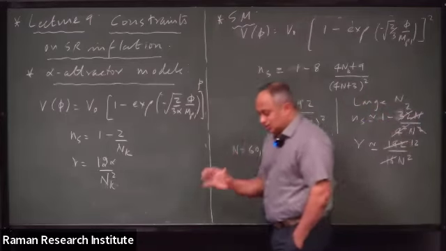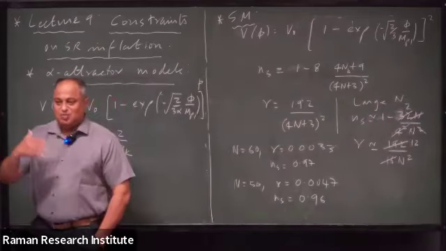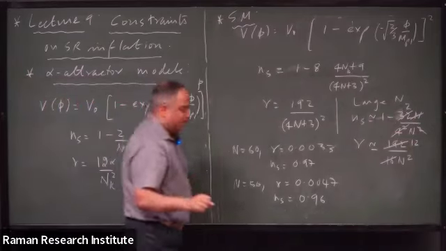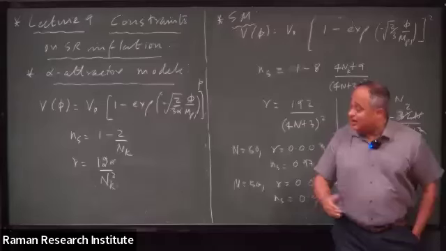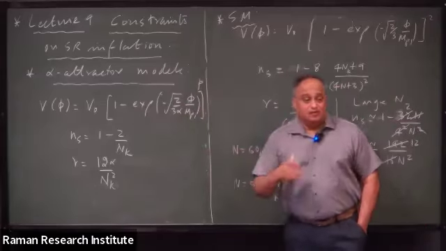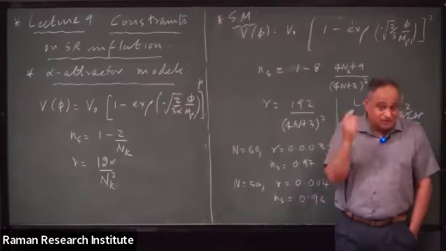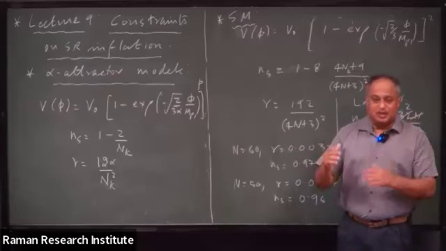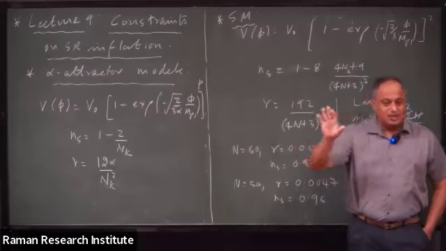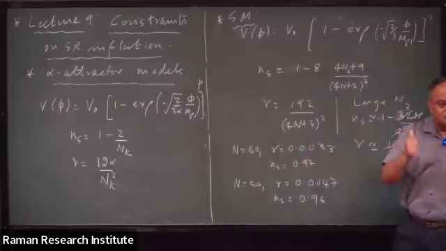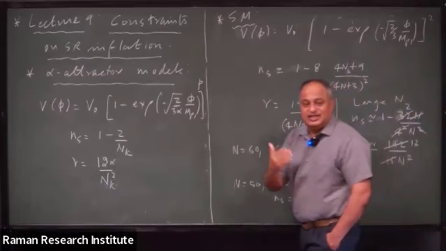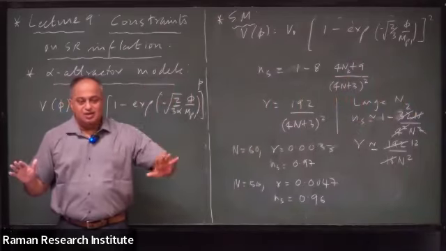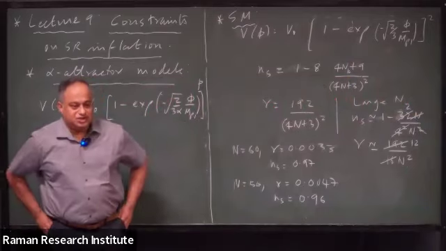So what you need to do is compare each model with the data, and you will have values of the parameters, like V naught and alpha and P, which lead to the best fit to the data. And you have to see whether it compares better with a simple power law form of the power spectra, which I can write in terms of A_S, n_S, A_T, and n_T. How do these slow roll inflationary models compare?